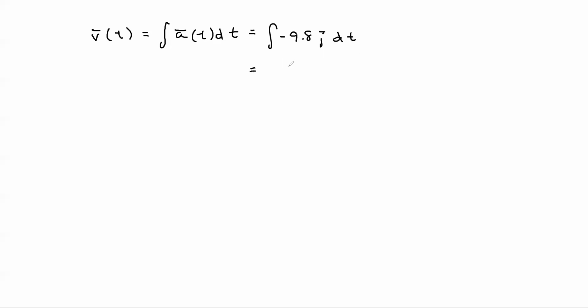That gives us negative 9.8 t plus c. Now c could represent the velocity at any time. It's an initial velocity, so we need an initial velocity to set that. It could be the velocity at time 0, or at some other time. In this case, we actually have the velocity at time 0.